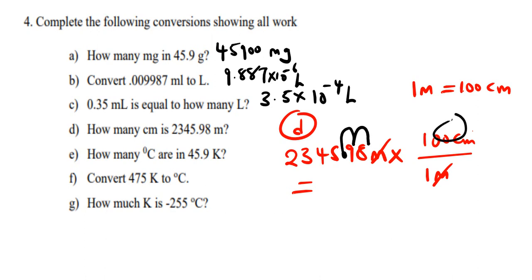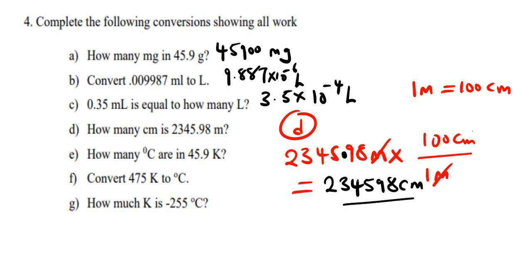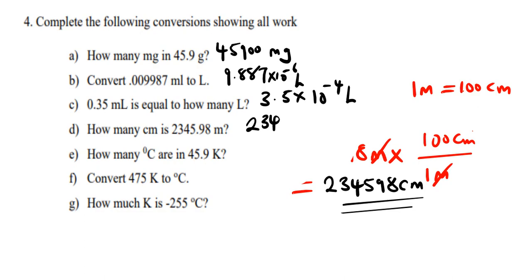So I'm going to have 2, 3, 4, 5, 9, 8. To which unit are we converting? We've remained with centimeter there, so I'm going to write my centimeter. So this will be our answer for D: 2, 3, 4, 5, 9, 8 centimeters.